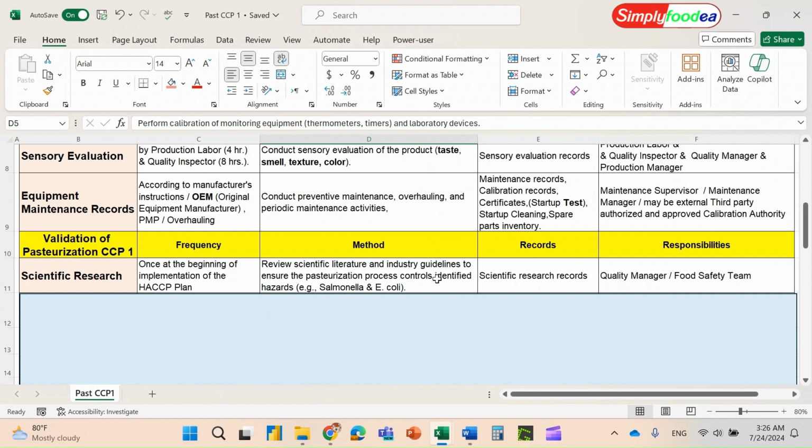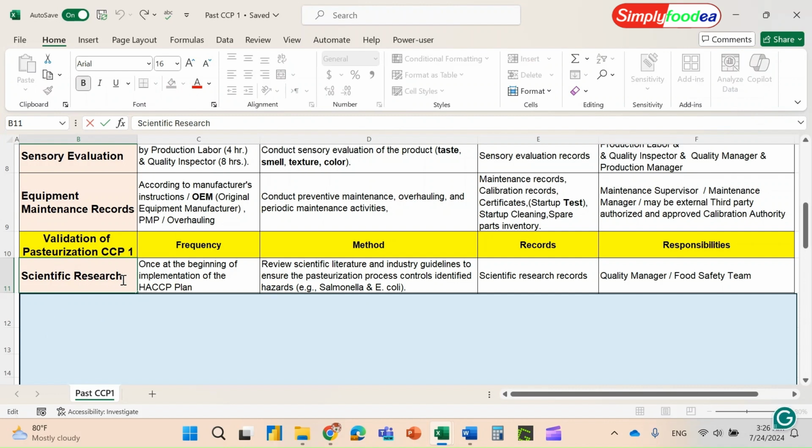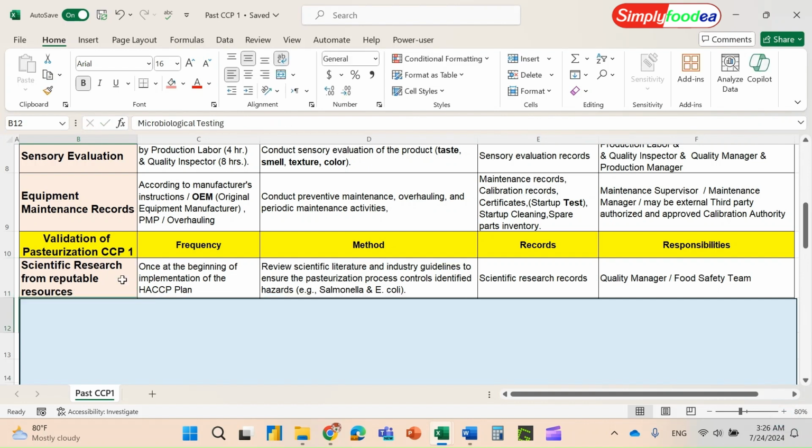And what is my reference? Of course, scientific research from reputable resources, whatever these resources are. For example, WHO, FAO, or any reputable research paper.